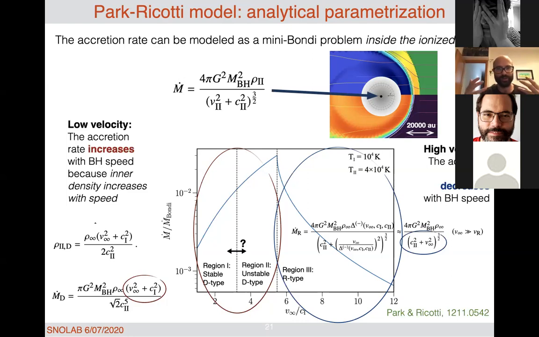So in principle, and this is very nice, you can have a very significant accretion rate at relevant velocities, which, as we will see in a moment, has phenomenological implications, because you can really see a very efficient accretion for large black hole speeds.